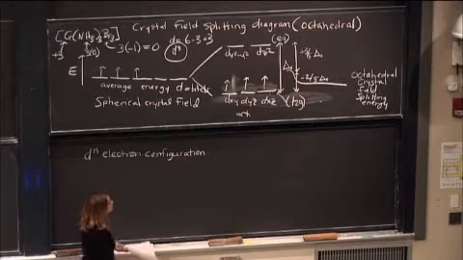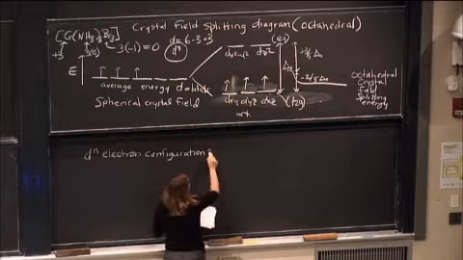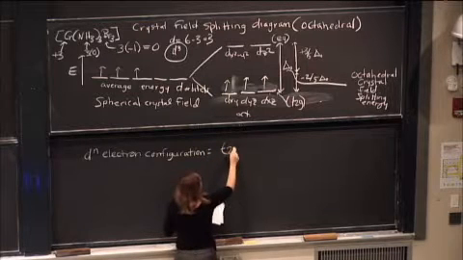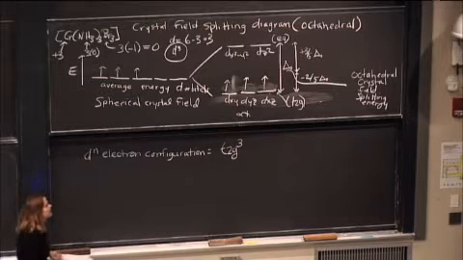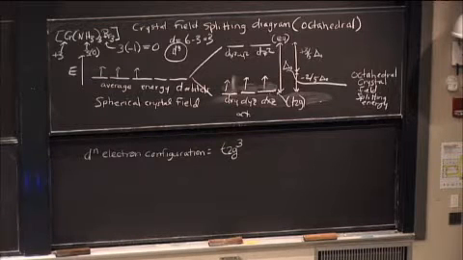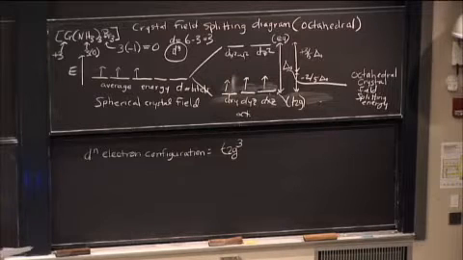And so here you can use the abbreviations for the orbitals. So we put 3 electrons into the T2G orbitals. So we can just say that's T2G raised to the 3. So that lets someone know that you have 3 electrons in the set of orbitals that are stabilized in an octahedral crystal field.